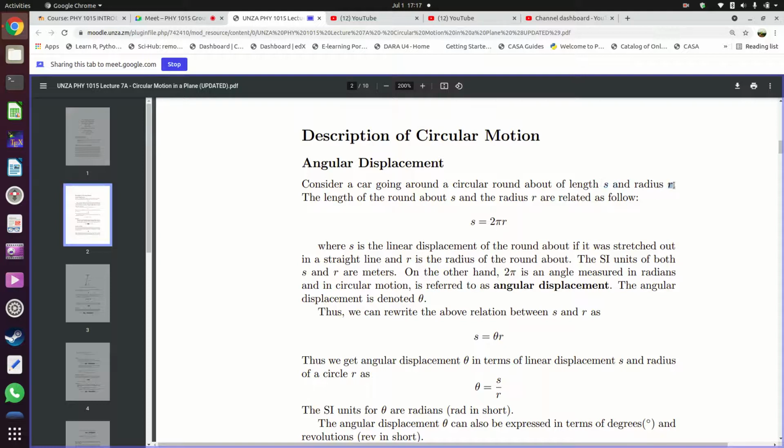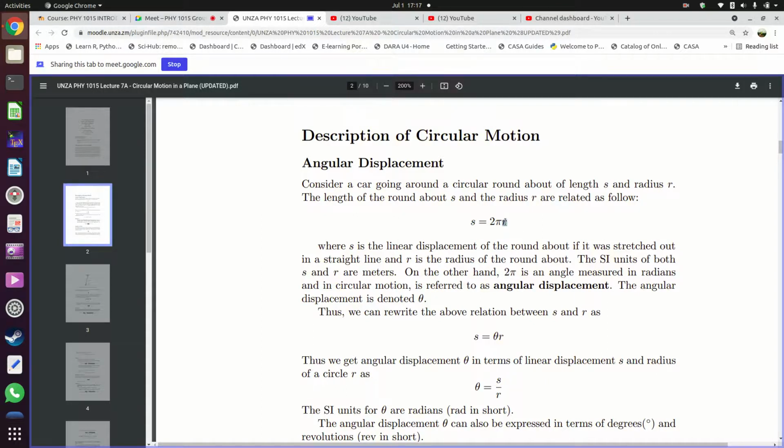The length of a circular path is what we call the circumference. From grade 11 mathematics, the circumference of a circle, which we're calling S here, is equal to 2 pi r.